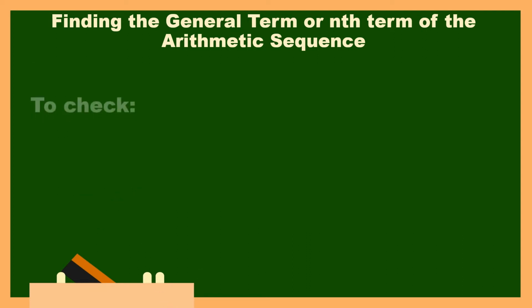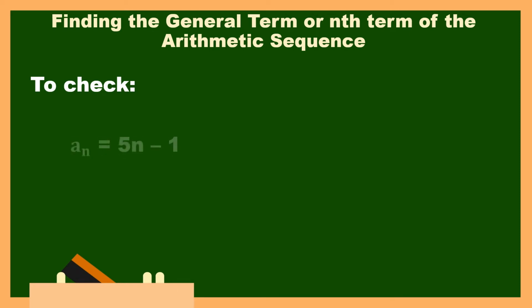At para ma-check kung tama ang ating na-generate na arithmetic sequence rule dito sa ating unang example, gagamitin natin ito para hanapin ang value ng ating first term at second term. So, unahin natin ang first term. Para sa first term, lahat ng n dito sa ating nabuong arithmetic sequence rule ay papalitan natin ng 1.